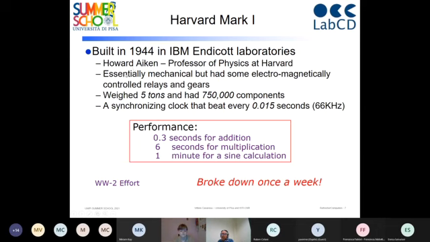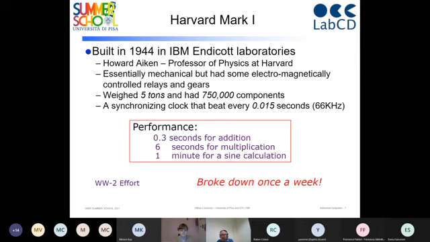It had still a lot of mechanical parts, but it was working. And as you can see, the performance as compared to today is such that you wouldn't even think of it as a computer. But if you compare with operations done by hand, you can also see that there was already a big advance in the use of computing machines.